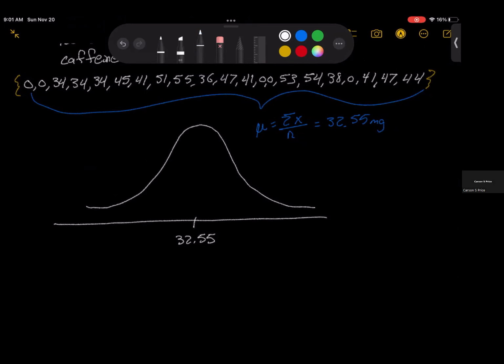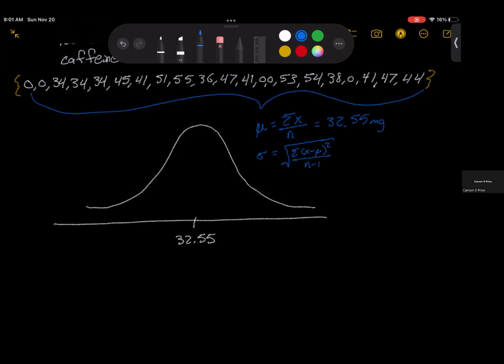All right, now we can do the exact same thing to find our standard deviation using the standard deviation equation. I need to add all of these caffeine amounts minus the average that I just calculated, square those distances, and then divide by n minus 1, because I have a sample, I'm not measuring the population.